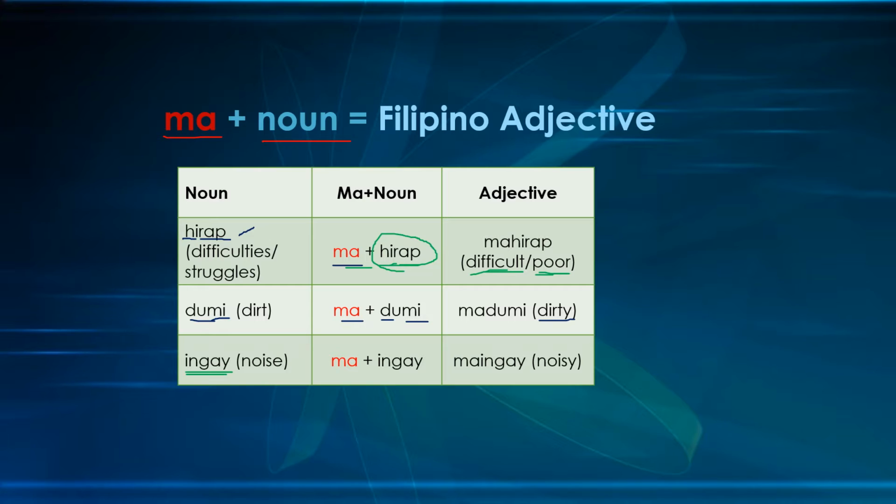By adding ma at the beginning, we will have maingay, and it means noisy. So that's so easy, right? Don't forget the pattern ma plus a noun, because it will help you create a new word for a Filipino adjective.